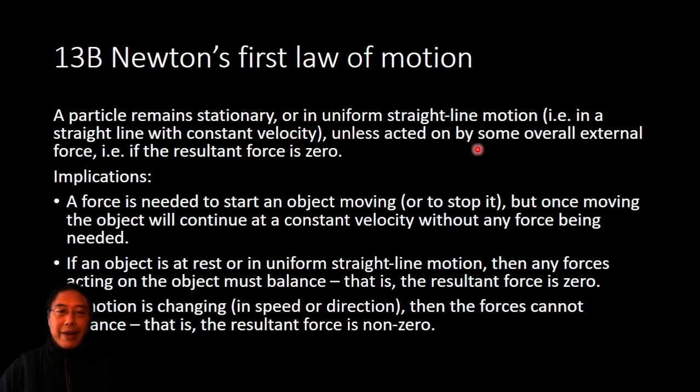So unless you have other external forces, the resultant force is a null vector, or zero. It's a null vector because the force is a vector. Okay. So what it implies is you need to apply a force to make the object start moving or to stop it.